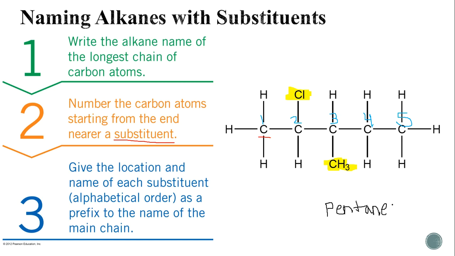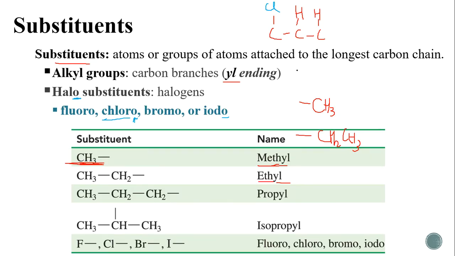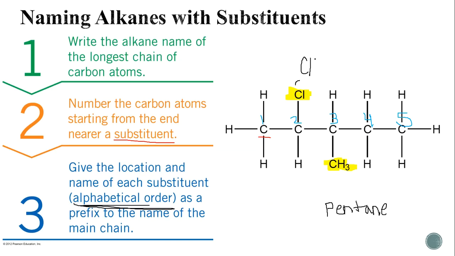Okay, so pentane. Now I need to give the location and the name of each of the substituents, and I'm going to do it in alphabetical order. So this is a chloro group. Okay, and this is a methyl group.